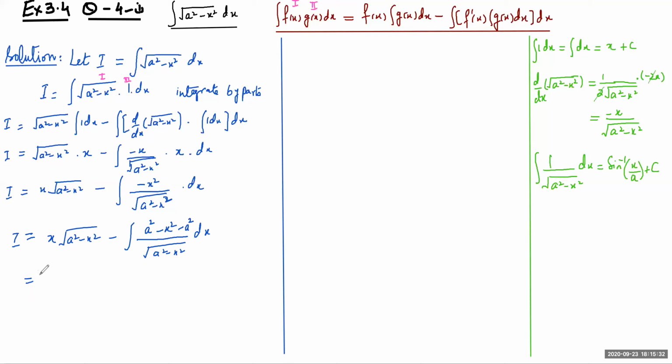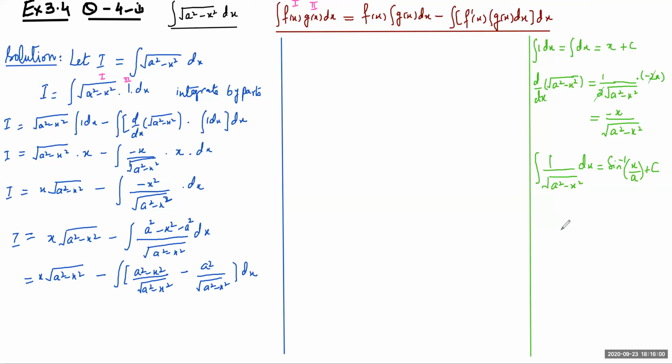Now let's split it: x into square root of a square minus x square minus integral, bracket, split into two fractions, a square minus x square divided by square root of a square minus x square, minus a square divided by square root of a square minus x square, bracket close, dx.